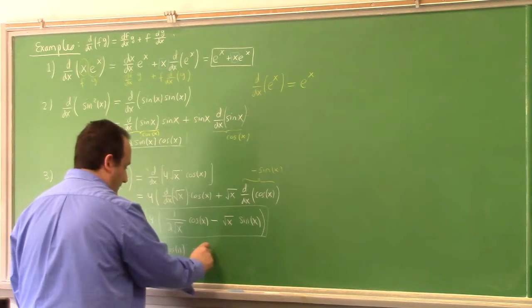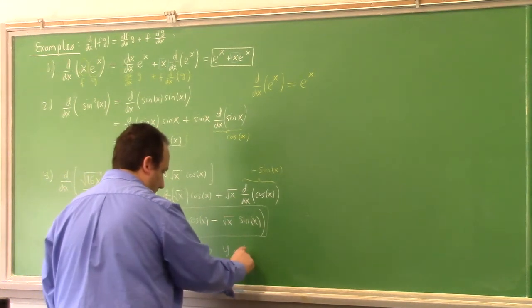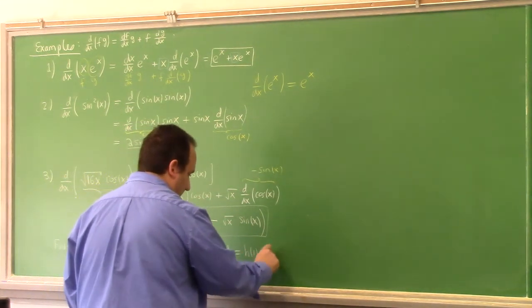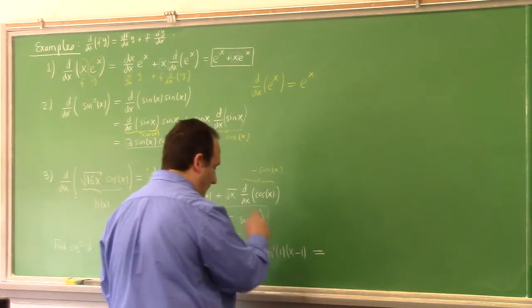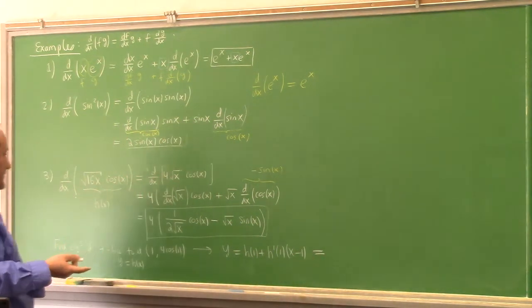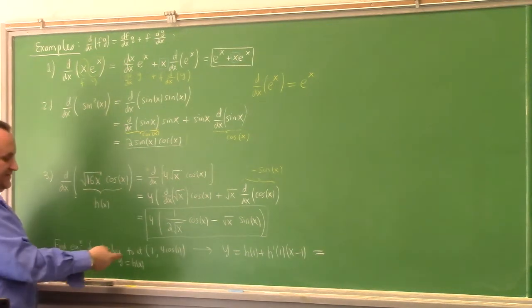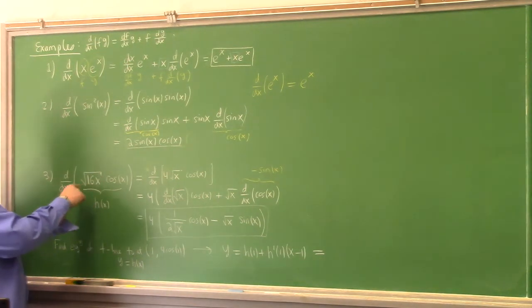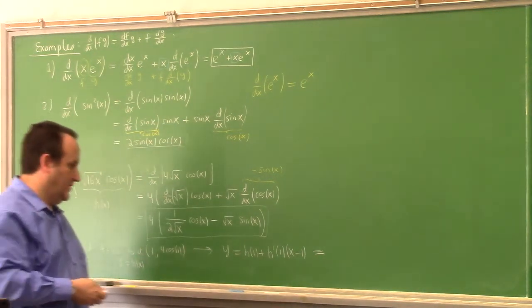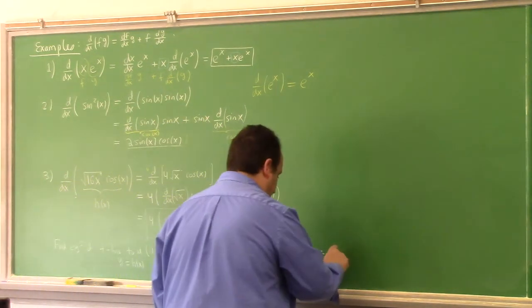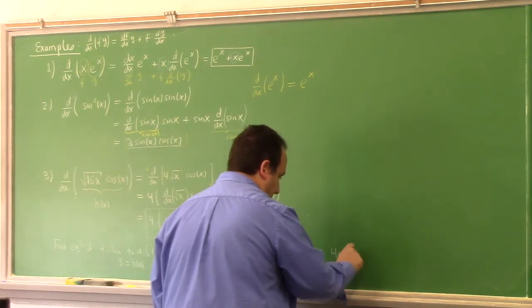It would be y equals h of 1 plus h prime of 1 times x minus 1. Now h of 1, plug in 1, it's 4 cosine 1 because I get square root of 16, which is 4. So 4 cosine 1 is my value of that function.